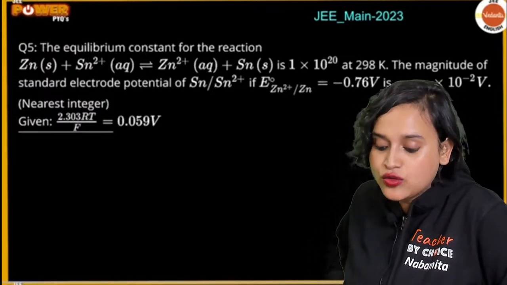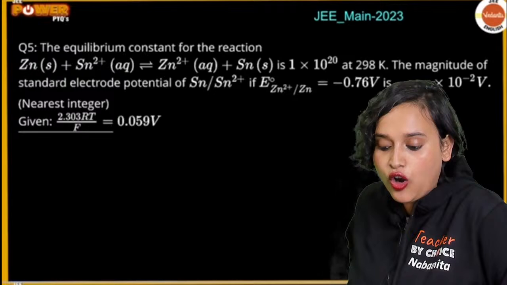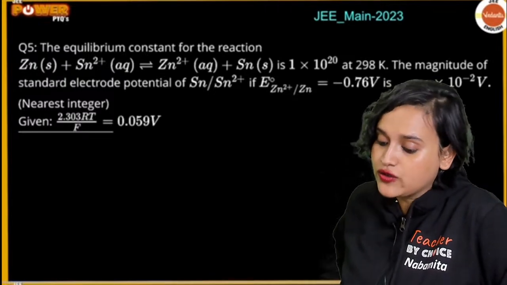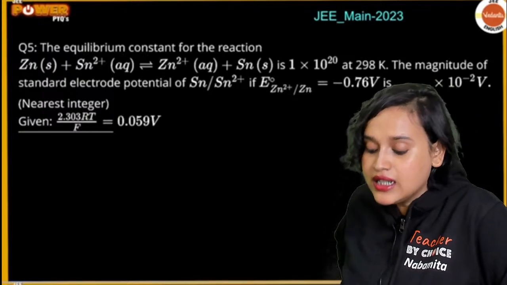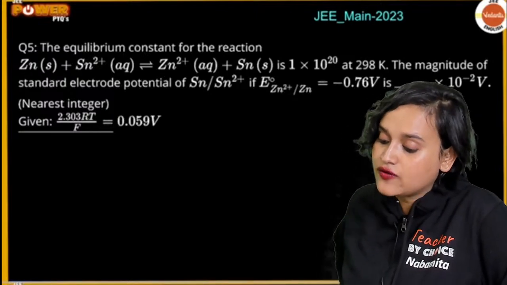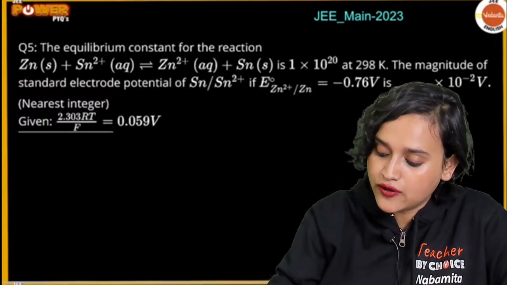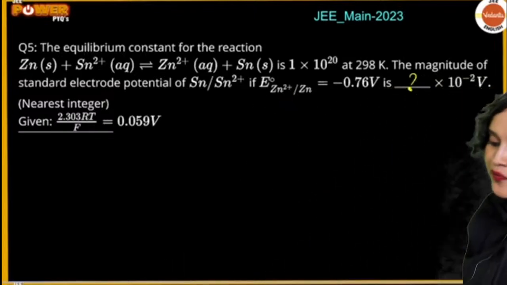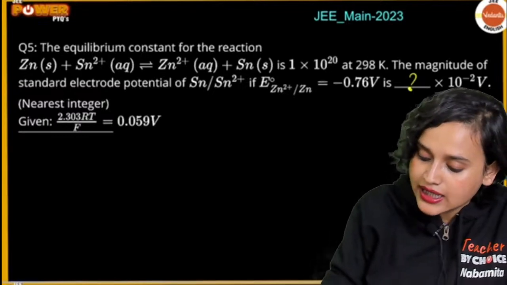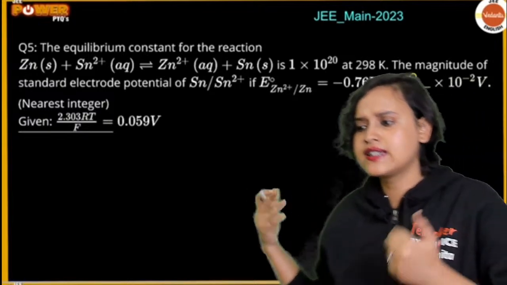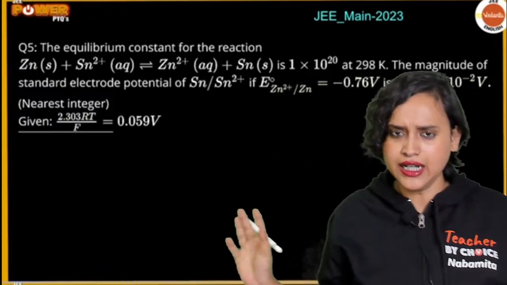Now the magnitude of the standard electrode potential of Sn2+ to Sn, if E naught Zn2+ to Zn is equal to minus 0.76 volt, is dash multiplied with 10 to the power minus 2 value. So we have to figure out this value, and given that 2.303 RT divided by F is equal to 0.059. This is almost given to you everywhere, right?